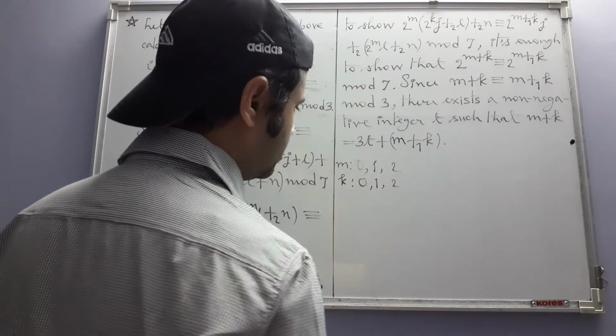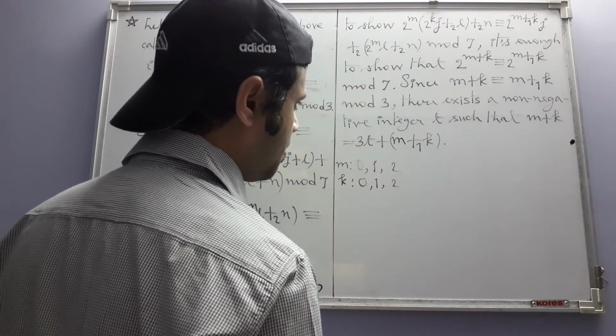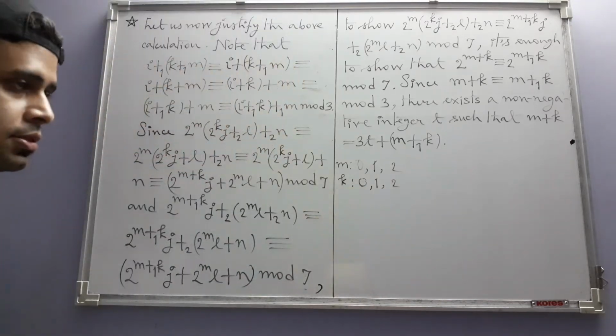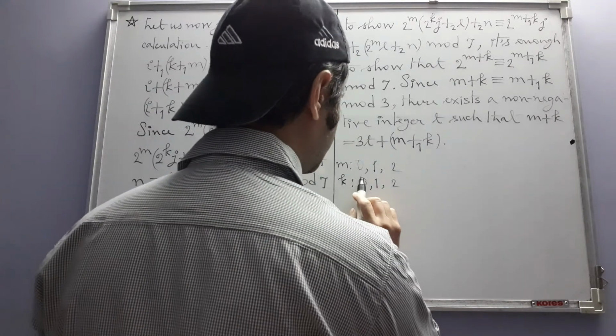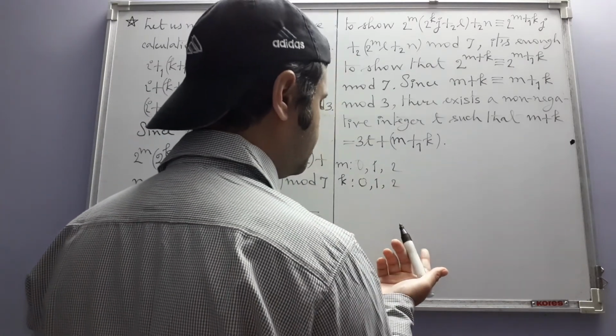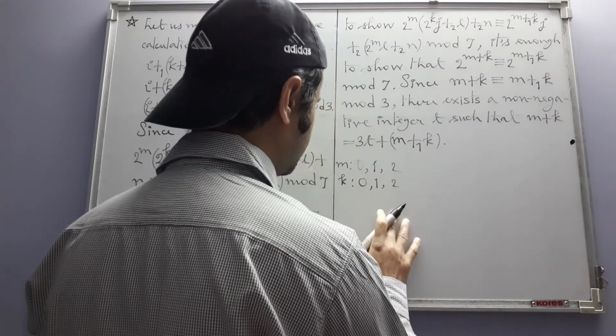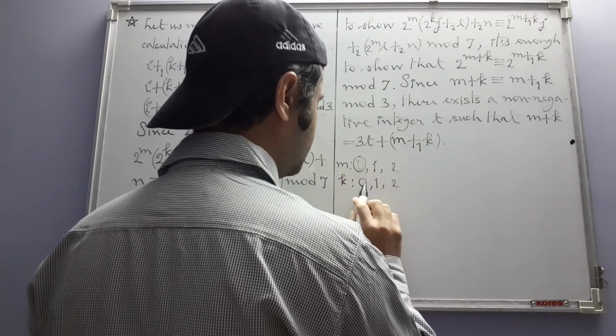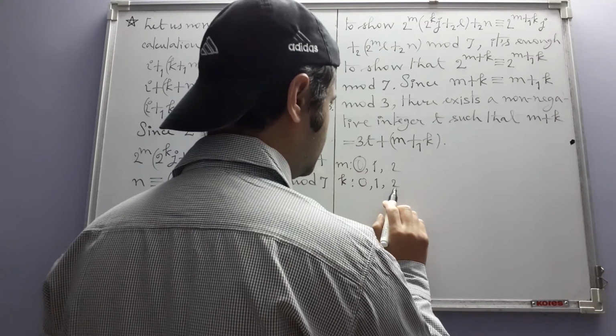Now when both of them are 0, then of course m plus k is 0 and the remainder is also 0. Fine.